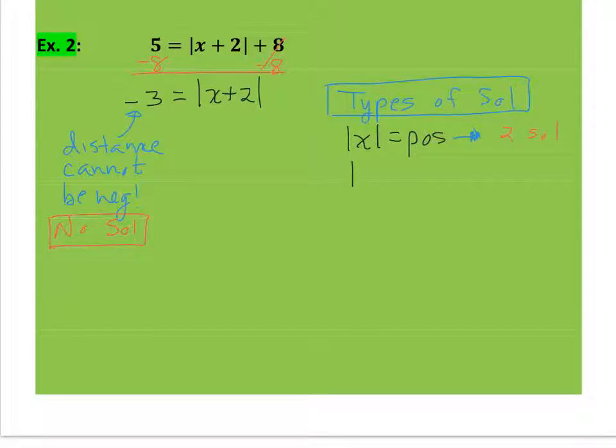If the absolute value of x is equal to 0, that is going to give you one solution. And finally, if the absolute value of x is equal to a negative number, that is going to give you no solution.